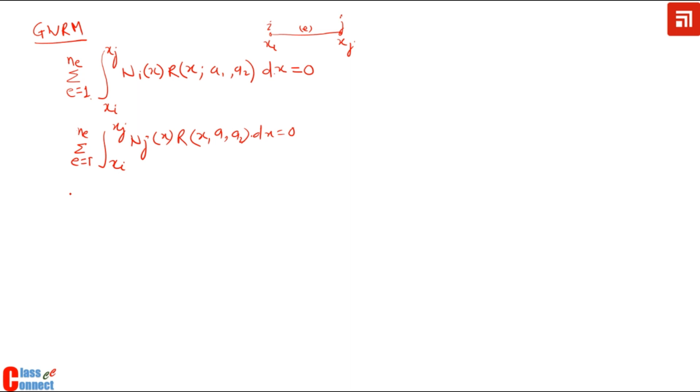So in short, we can write as a summary that we have a function over a domain. I can write this function f(x) dx equal to 0, that is the governing equation over a domain.